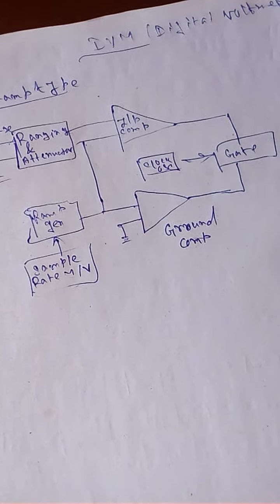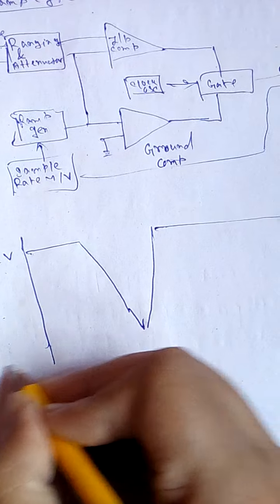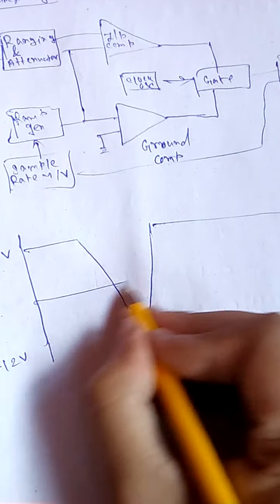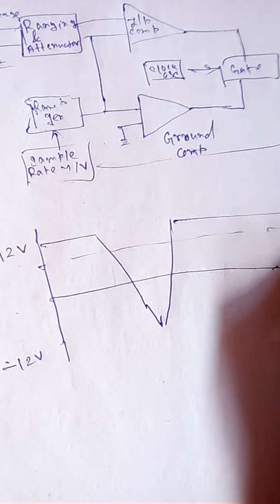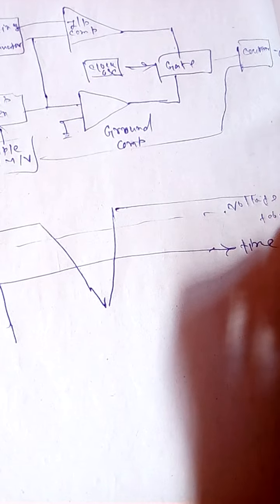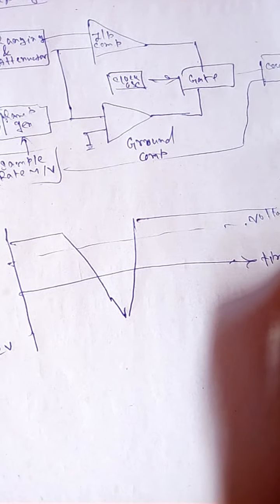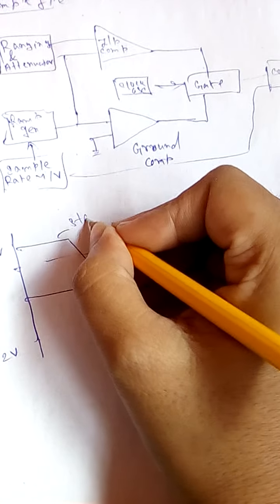If we take a negative going ramp, the voltage is decreasing, say from 12 volt to minus 12 volt, with time on the x-axis. Suppose this is the unknown voltage to be measured, and this is the start of the ramp voltage.